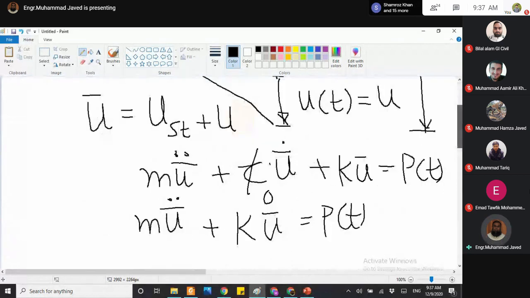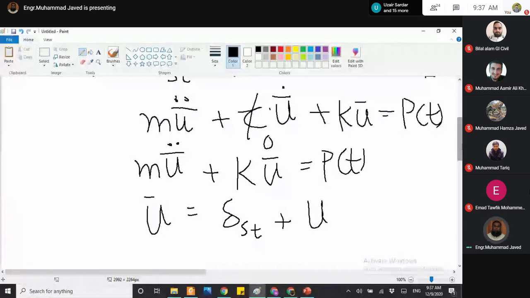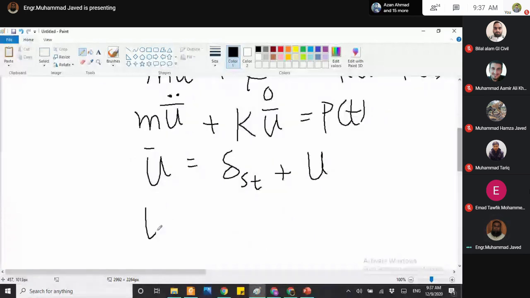Now coming to u bar, which is equal to delta ST plus u. If we differentiate it once, since the static deflection due to gravity loads is constant, it does not vary with time, so this will become 0 and this will be u dot.